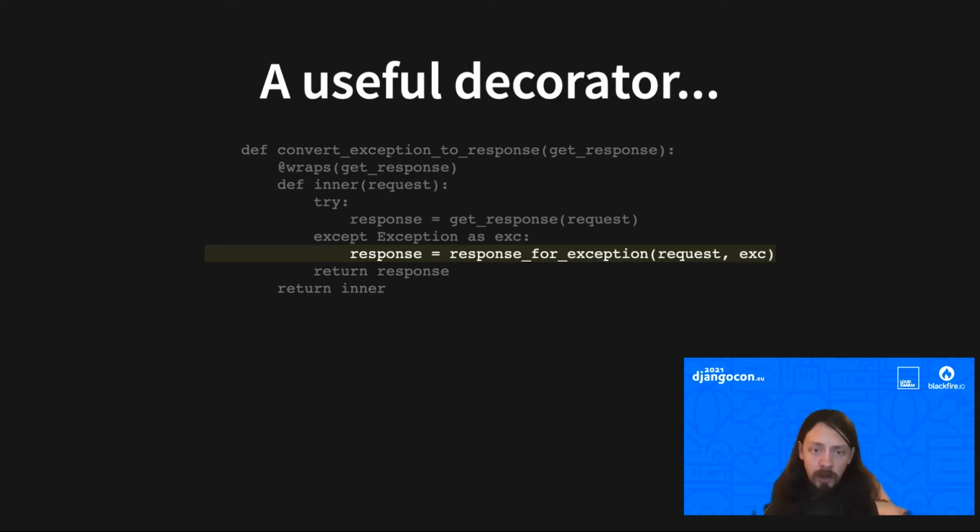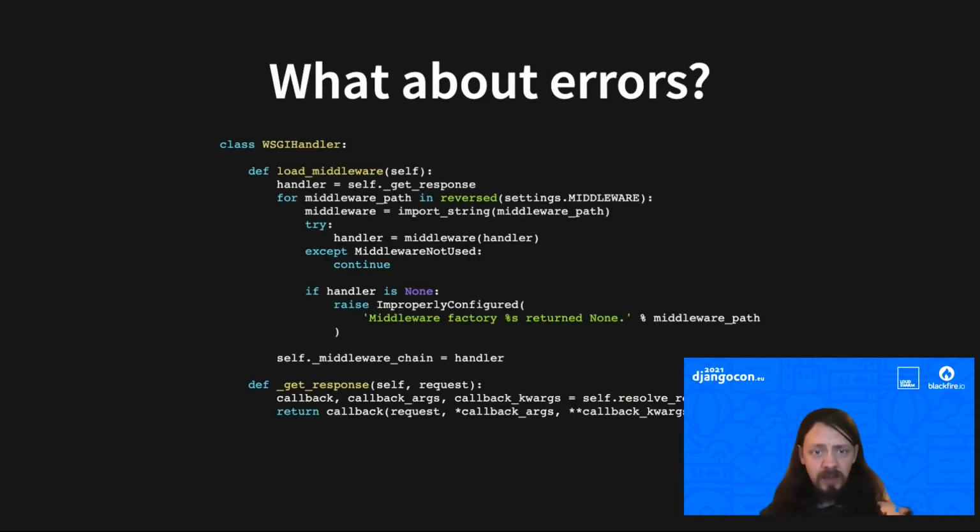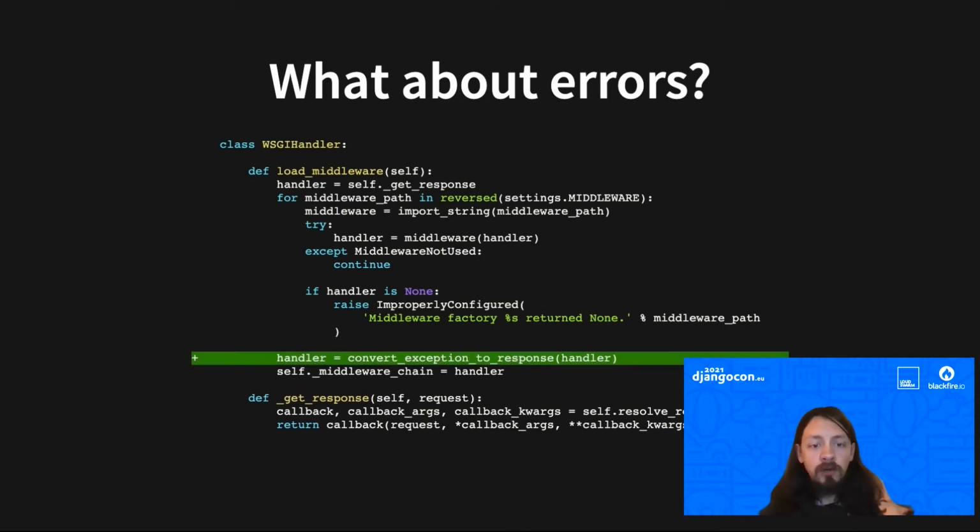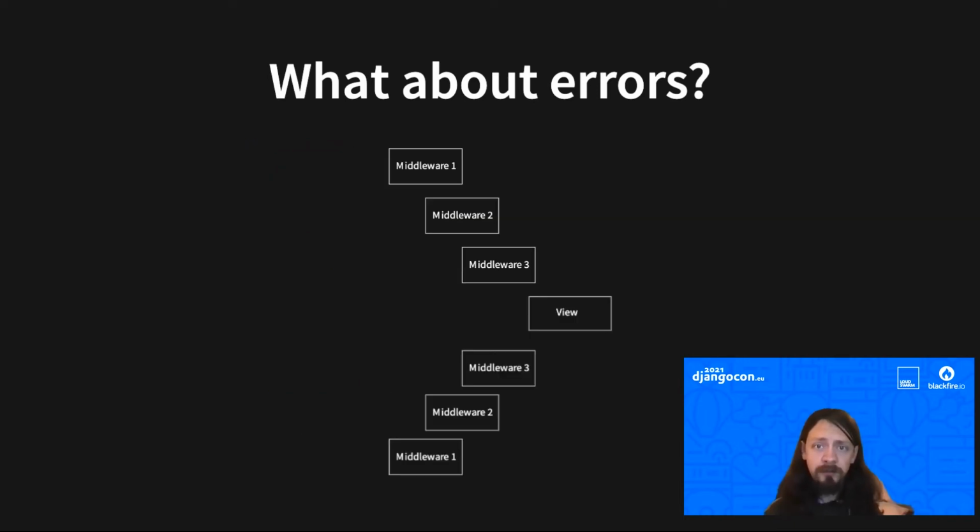In which case I'm going to return a response with a nice 404 page. Or is it just an exception I don't know anything about, in which case I'm going to return a 500 page, and so on. And so you might think what we could do is we could wrap the entire middleware chain in this convert exception to response. So if an error happens anywhere up and down the chain, it's caught.